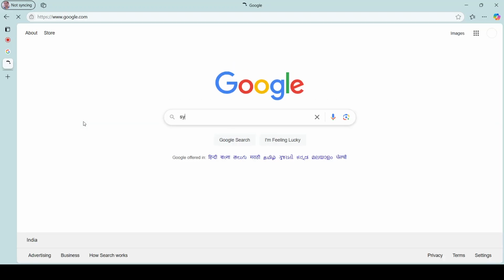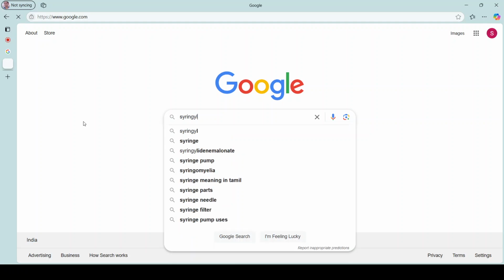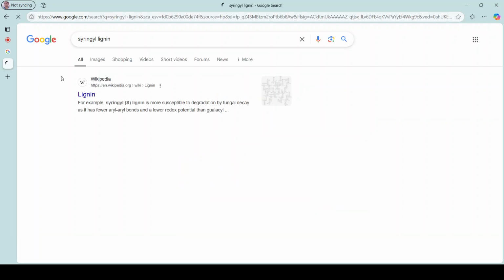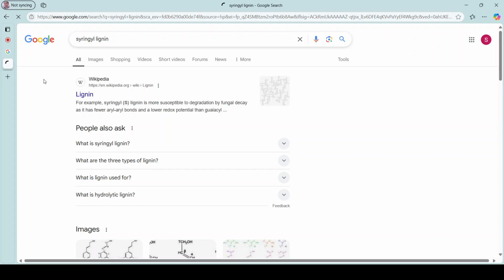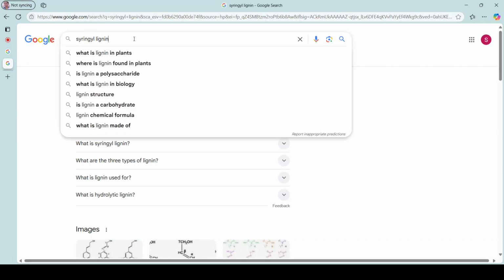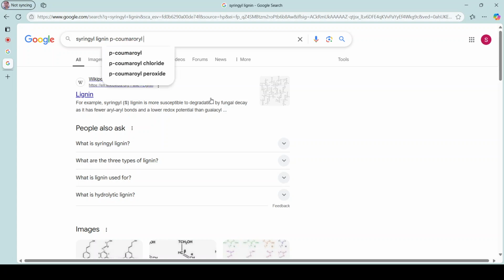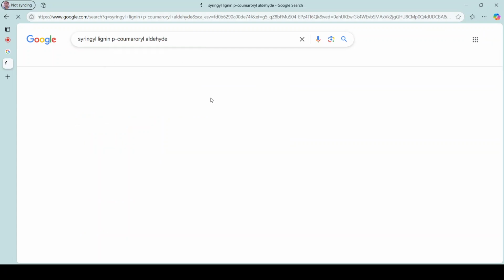Syringyl lignin. Yeah, you're able to see that. Para-coumaryl aldehyde.